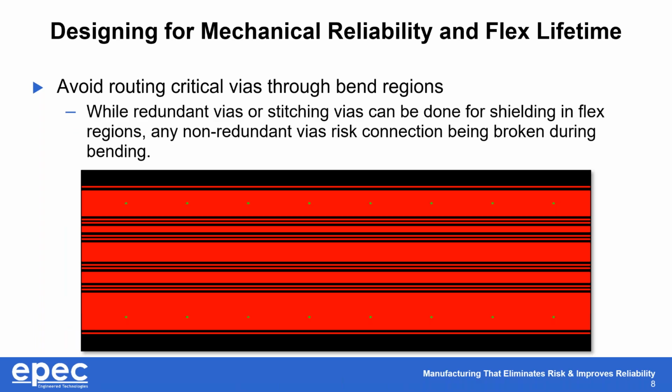The only time we can recommend putting vias in areas that bend is where they're redundant or stitching vias, so that if one via fails or 2 vias fail, it's not the end of the world. Those are usually seen in things like shielding and flex regions. Like I said, if any one of those fails, it's not a big deal, because you usually have 10, 20, 30 other connections elsewhere anyways.